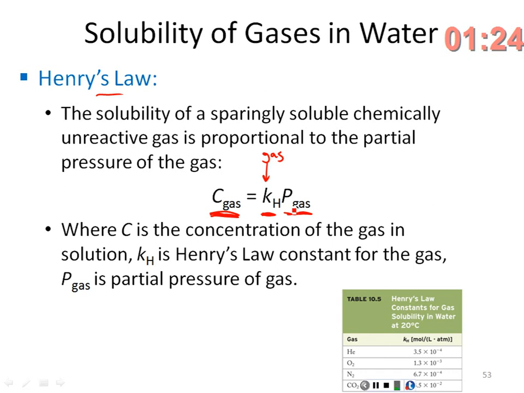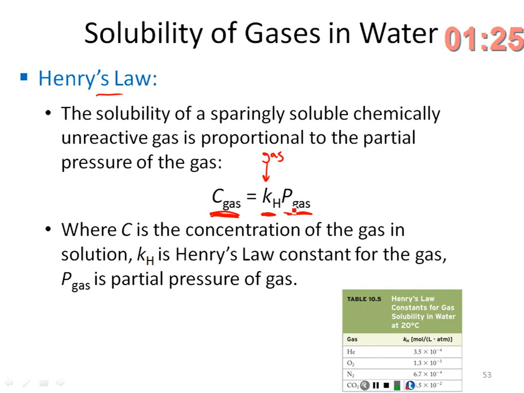So why is this important? Well, in our bodies, we need oxygen, but our veins aren't filled with gas, they're filled with a liquid, with blood. So for us to live, we really need to breathe in gaseous oxygen and have that dissolve into our liquid phase, our blood, to be transferred to our whole body. Another example of where it becomes important is CO2.